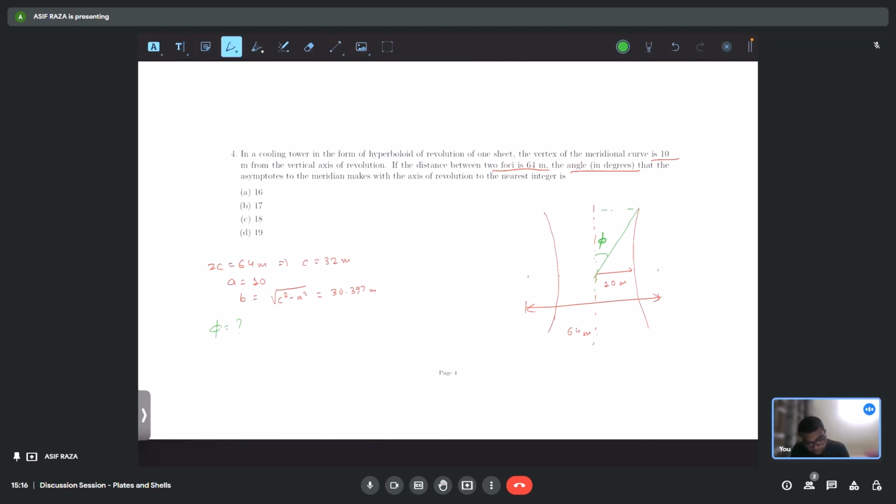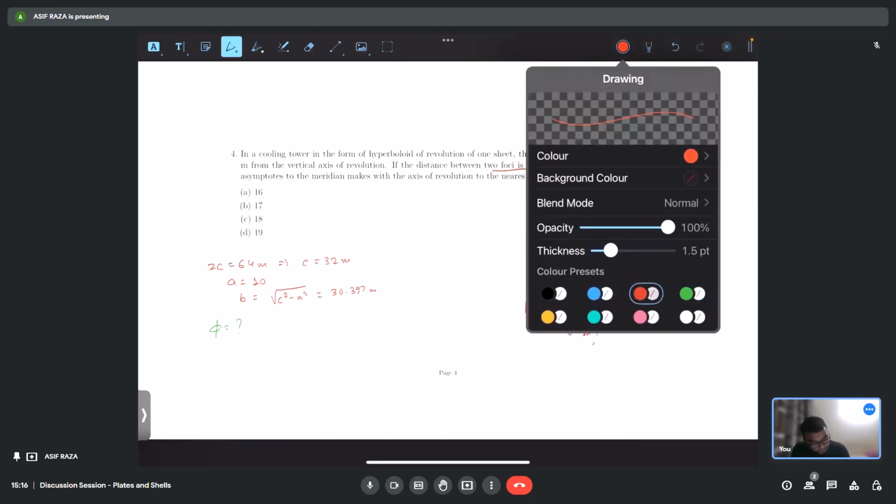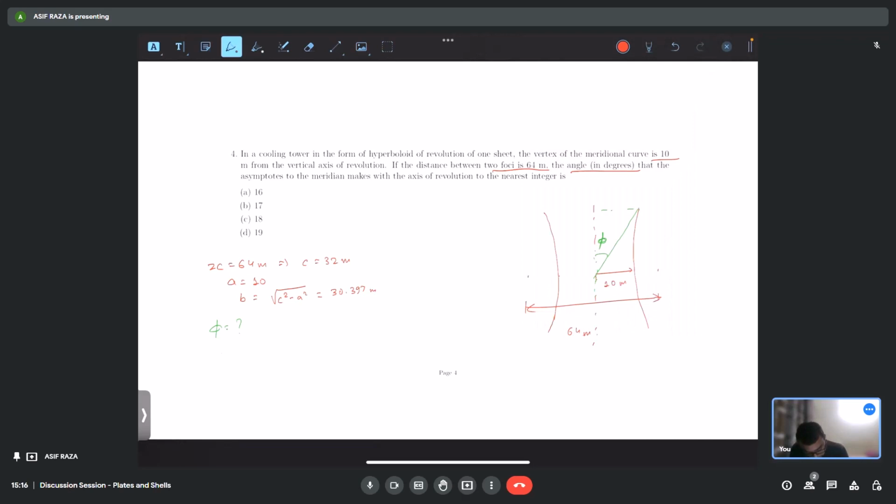Because this is a and this would be b, tan phi would be equal to a upon b, and this would be equal to 10 upon 30.397, which would be equal to 0.3289.